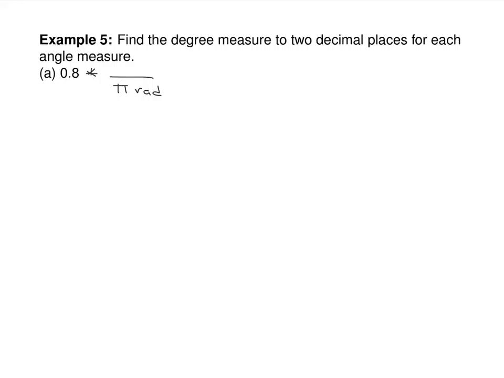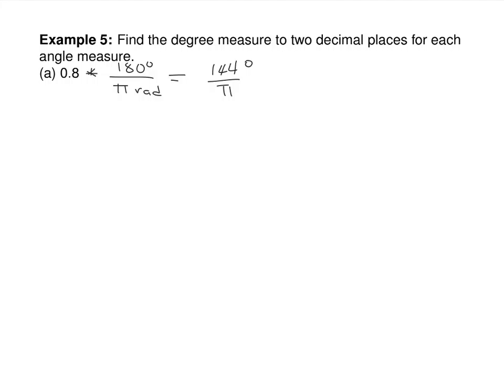And what goes in the numerator? 180. Okay, so 0.8 times 180, I think was 144 over pi. That's degrees now.